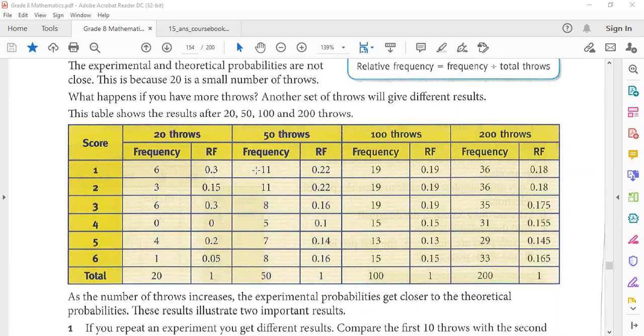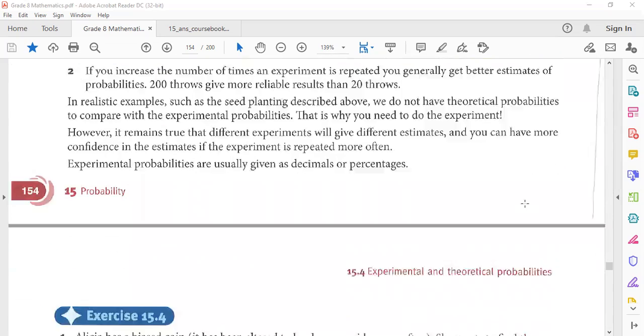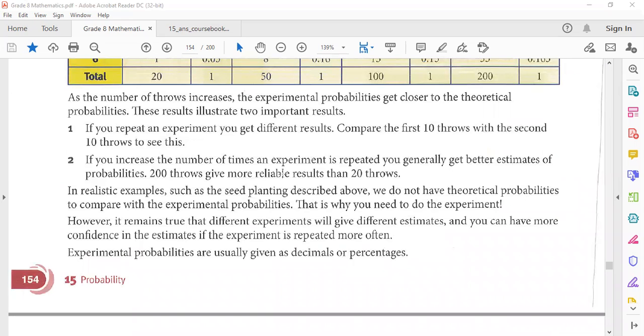Here, let's suppose this one is for 20 throws, this one is for 50 throws, this one is for 100 throws, this one is for 200 throws. So accordingly you will get your answer. As the number of throws increases, the experimental probability gets closer to the theoretical probability. These results illustrate two important points.